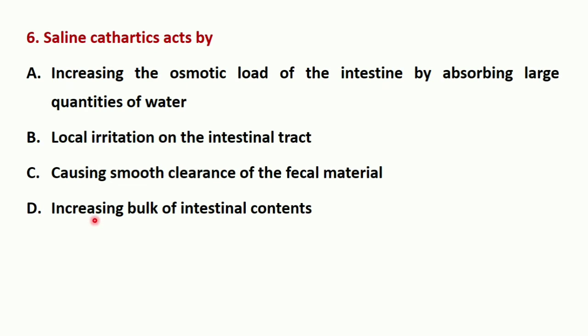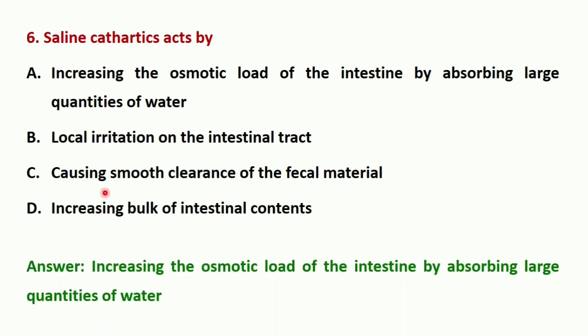And next, saline cathartics act by. By seeing the answers, we can clearly say the answer is increasing the osmotic load of the intestine by absorbing large quantities of water. Due to this increased osmotic load, it causes defecation of the fecal matter and produces the cathartic activity.